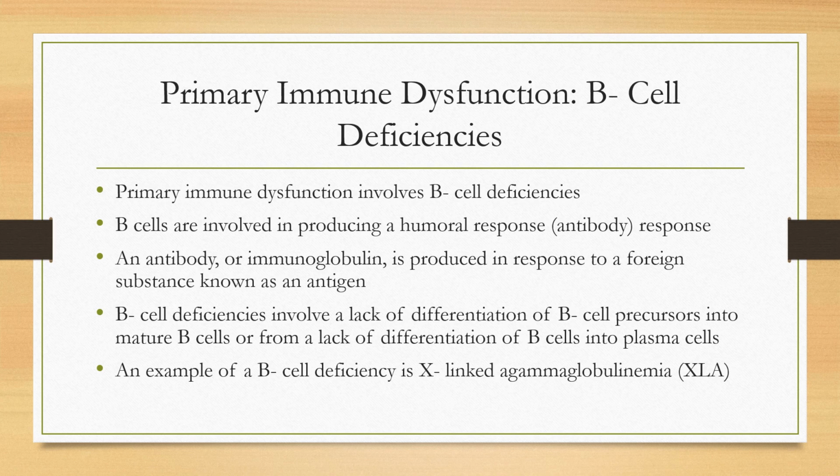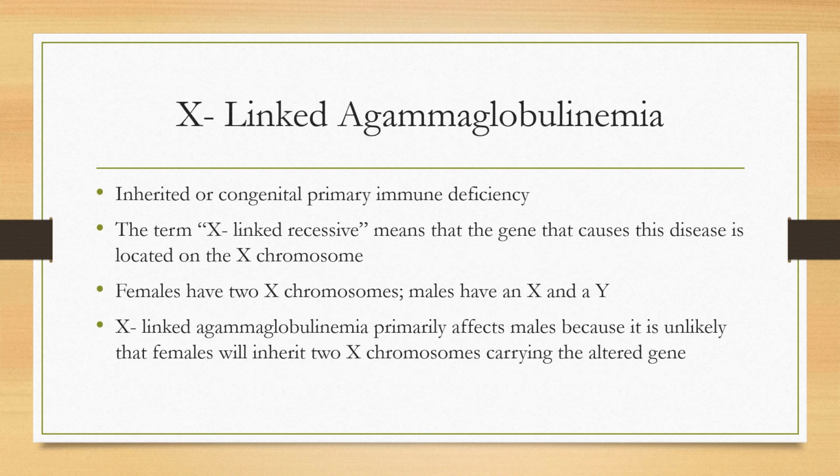An example of a B cell deficiency is what we call X-linked agammaglobulinemia, XLA. So this can be either inherited or congenital, a primary immune deficiency. It can come from a parent, and it is present at birth.